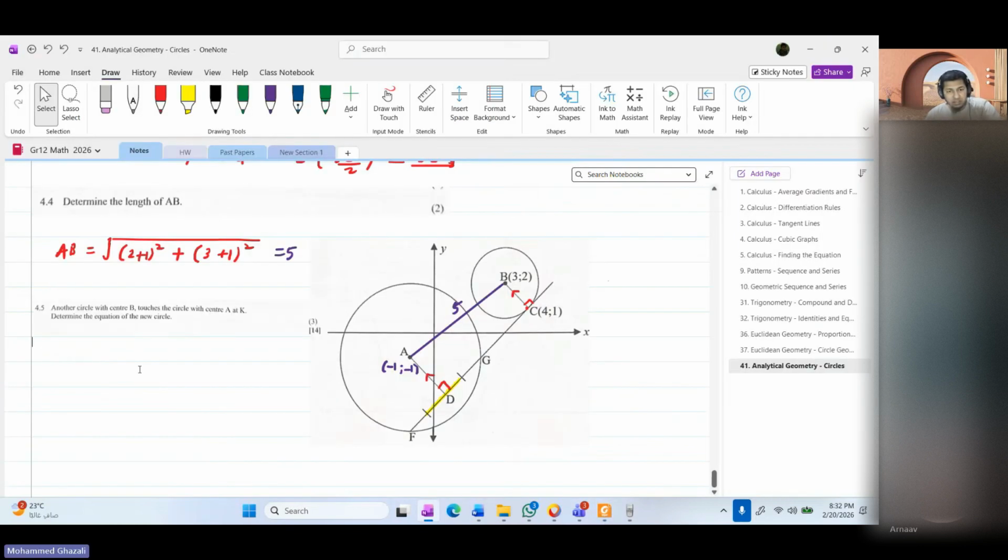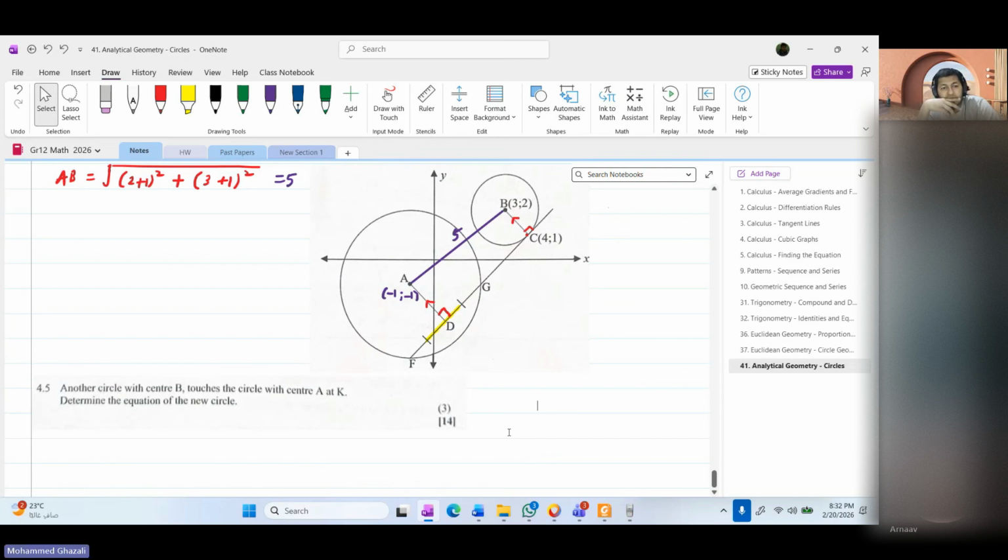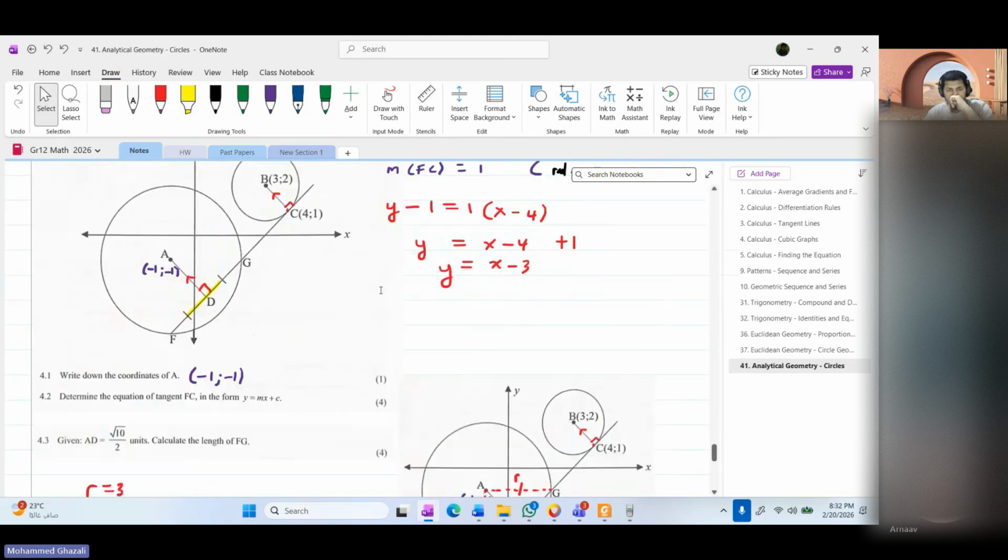Now, what are they asking us here? There's another circle with center B that touches the circle with center A at K. Determine the equation of the new circle.